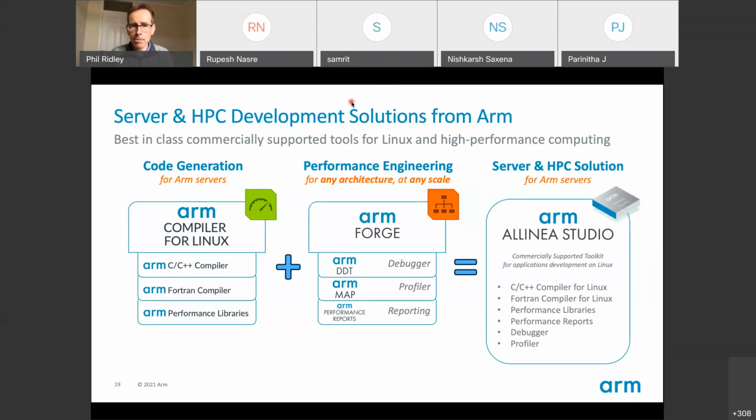Whereas ARM Forge is the debugging and profiling application. And I should also say, ARM Forge is cross-platform, so it doesn't just run on ARM-based HPC architectures. You may also be familiar with ARM Forge running on x86, whereas the ARM compiler is only for ARM architectures.